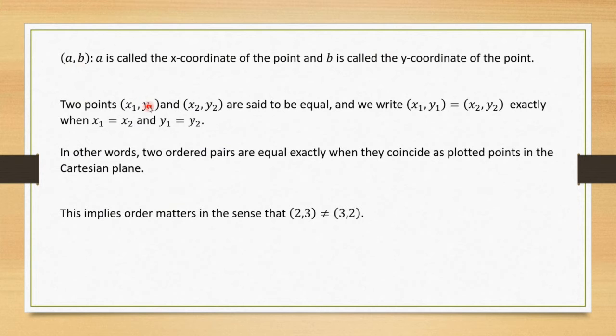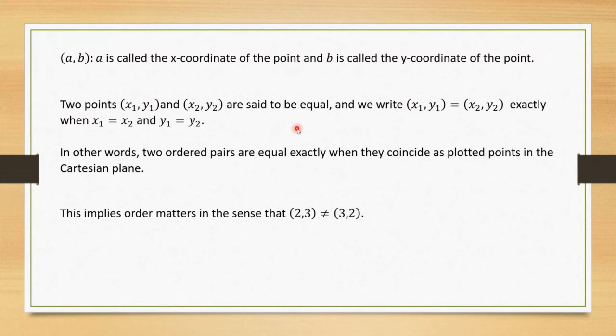Now, we also have this notion, which is actually pretty useful. Two points are said to be equal exactly when their corresponding coordinates are the same. In other words, their x coordinates are equal to each other, and their y coordinates are equal to each other.